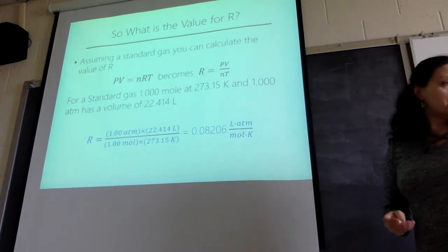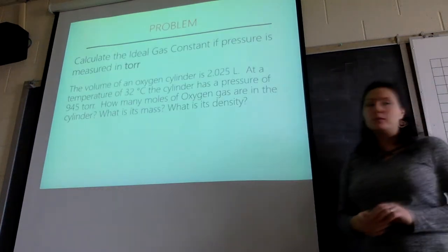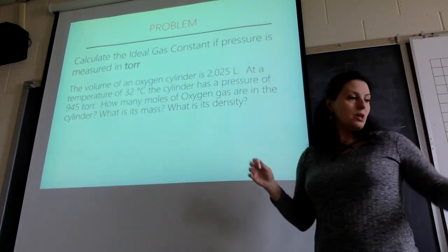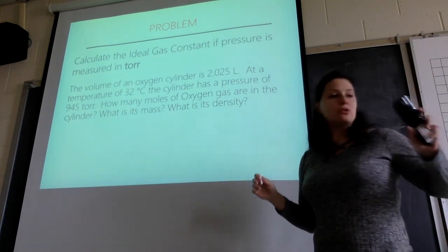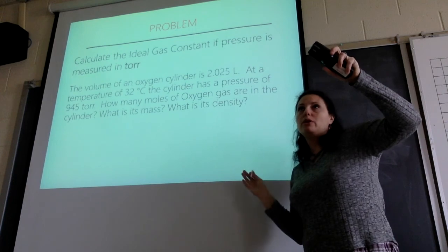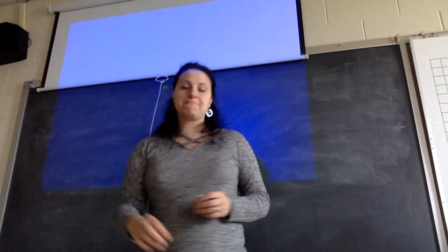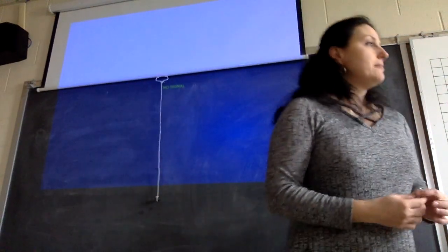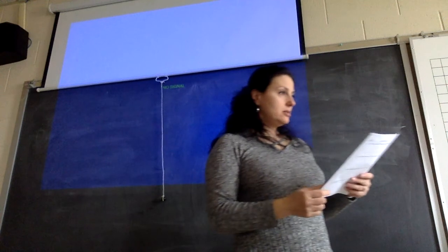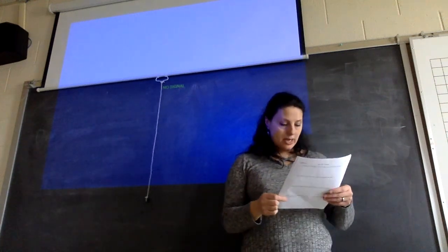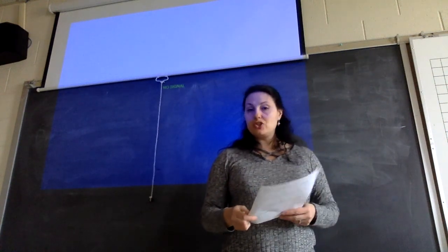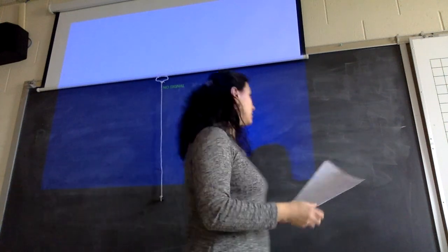Okay, let's look at some problems. Once again, I'm going to blacken this out so that we can work on the board, but I'm going to read them from the computer. Calculate the ideal gas constant if the pressure is measured in torr instead of atmosphere.